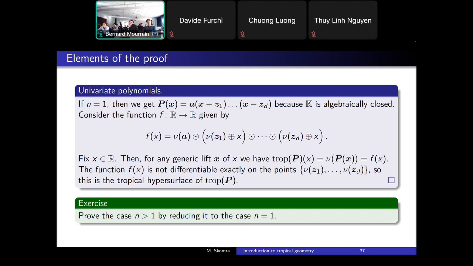And now you just have to check that this function is not differentiable precisely on this point, because here the maximum in this expression will be achieved twice. So that's an easy exercise from linear analysis that this is exactly the point of non-differentiability. So it means that the tropical hypersurface is exactly this.